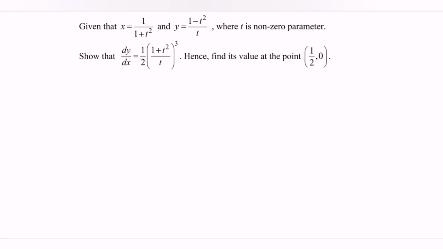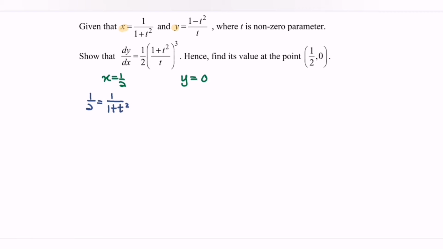Now the second part is to find its value, meaning the value of the gradient dy/dx at the point (half, 0). Before we can find dy/dx, we need to determine the value of t. Here, x is equal to half and y is equal to 0. By substituting into x, we have 1 over 2 equals 1 over 1 plus t squared.